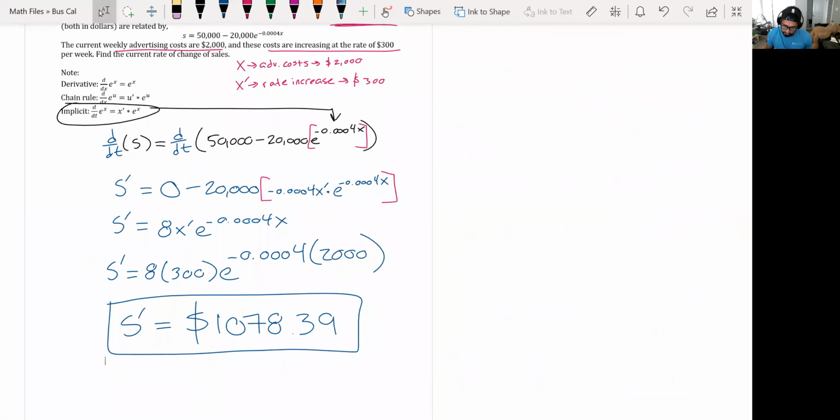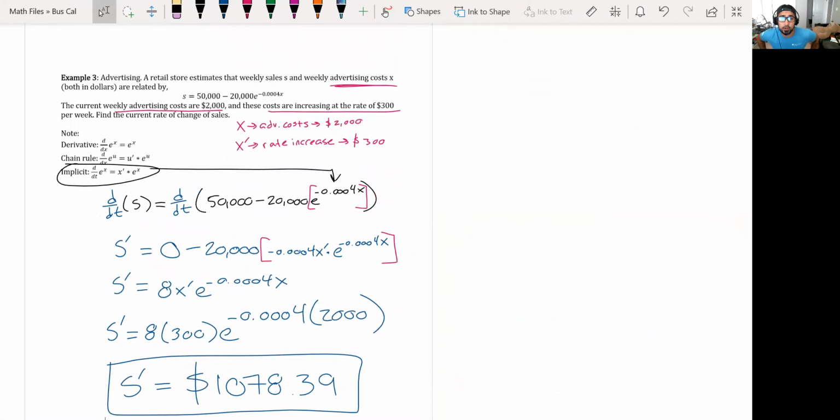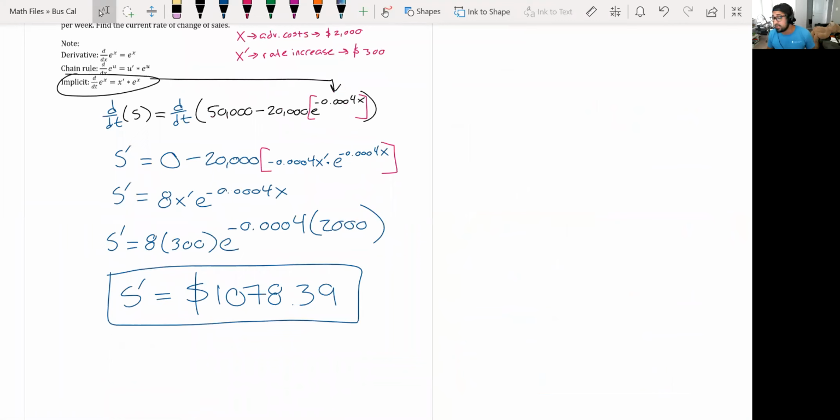And of course, interpret. It's asking, find the current rate of change of sales. So advertising costs are $2,000 and costs are increasing at a rate of $300 per week. Well, if we're advertising correctly, then yes, our retail sales are increasing by $1,078 per week.